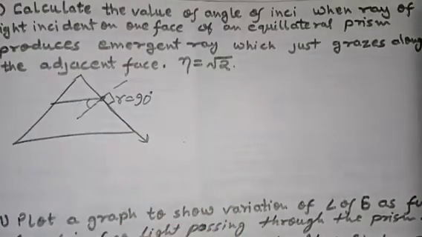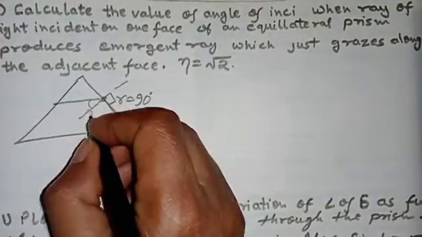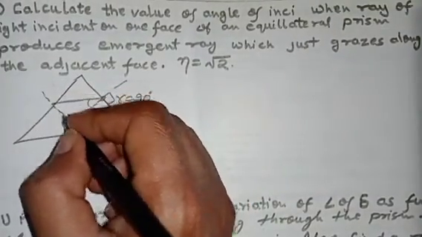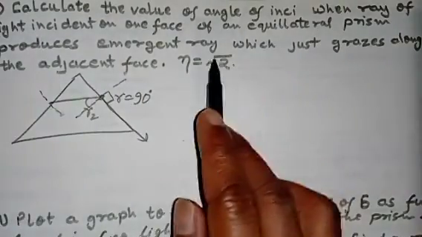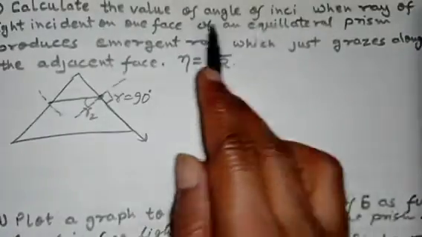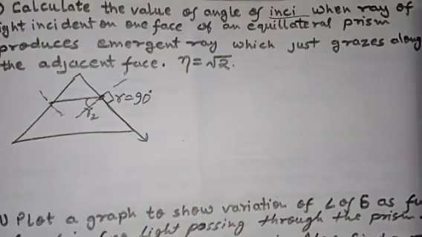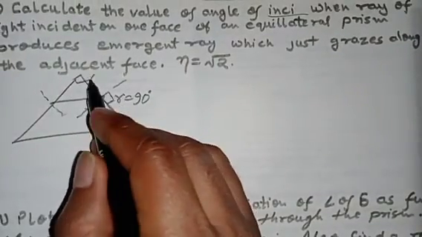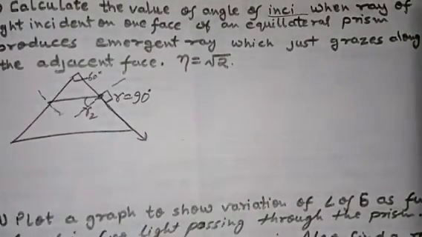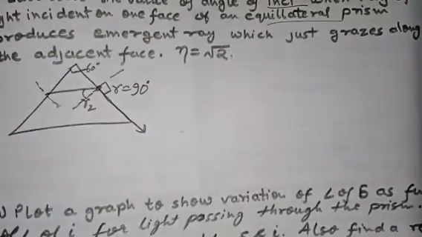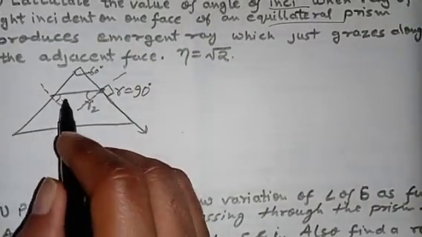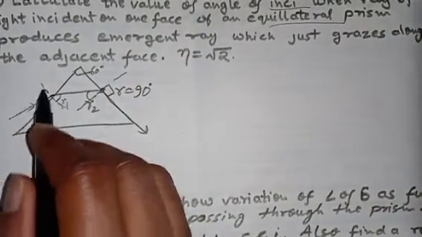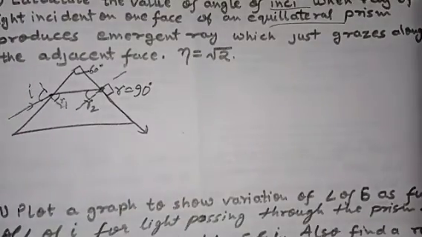We don't know, so we have to find this R2. We have to go in this reverse manner. The angle of prism is 60 degrees because it is an equilateral prism. Then we will find this R1, and then we will be able to find this I.